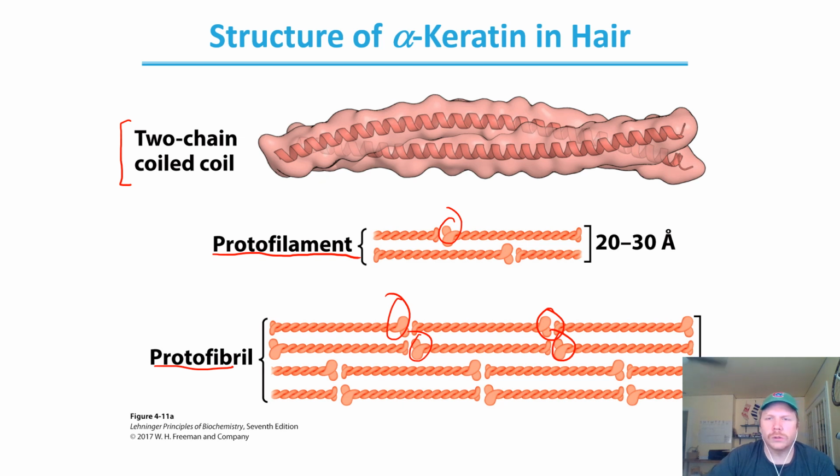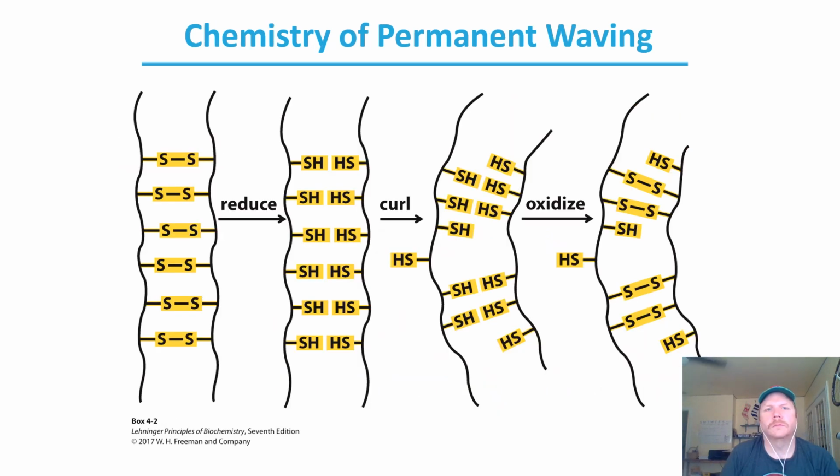Now keep in mind, just for the sake of scale, what we're looking at here with the protofilament is something that's approximately 20 to 30 angstroms in terms of its height. Okay. So curly hair is actually something that gives a little bit of a connection between the single amino acid level and the higher order visual level, so to the naked eye.